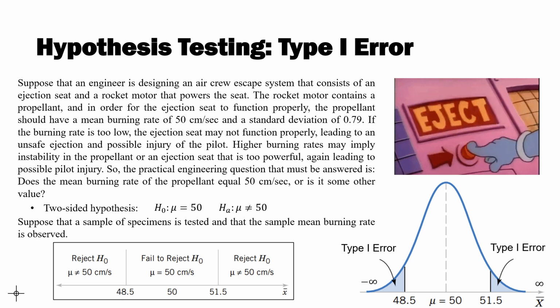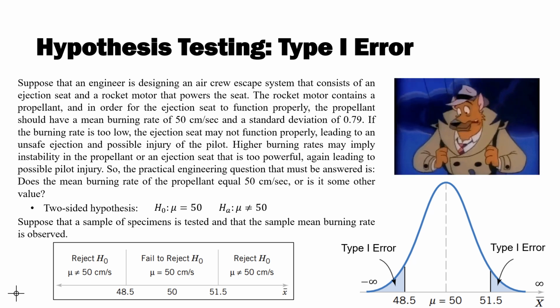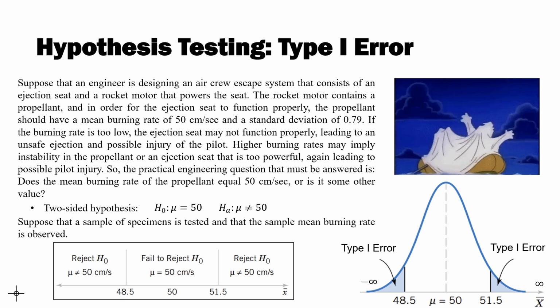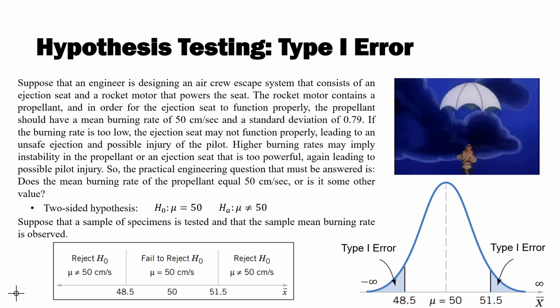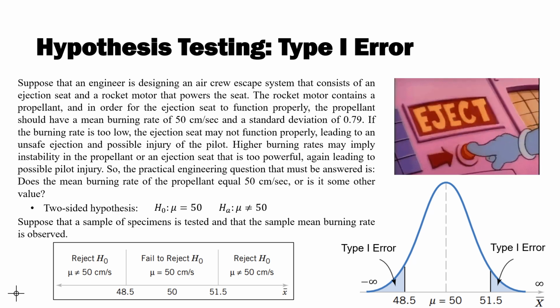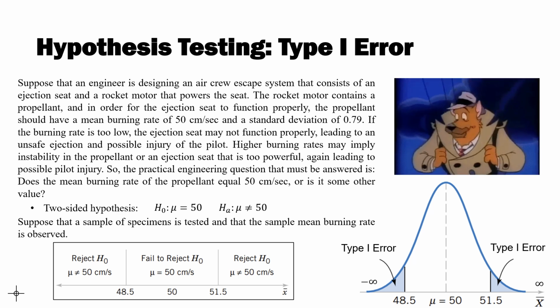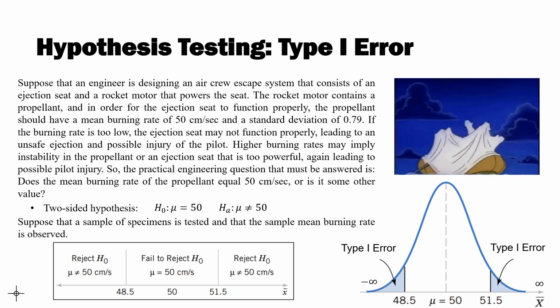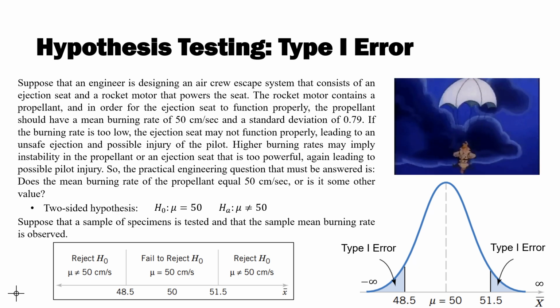Based on expert advice, we reject the null hypothesis and conclude that the population mean is not 50 if the sample mean falls below 48.5 or above 51.5. We make this rejection as we understand that it's very unlikely for this normal distribution to create a sample whose mean is above 51.5, and it is more likely for another normal distribution, for example centered at 52, to produce such values.